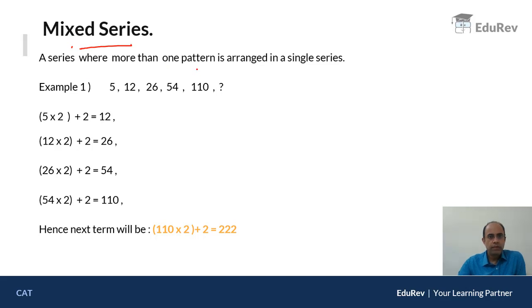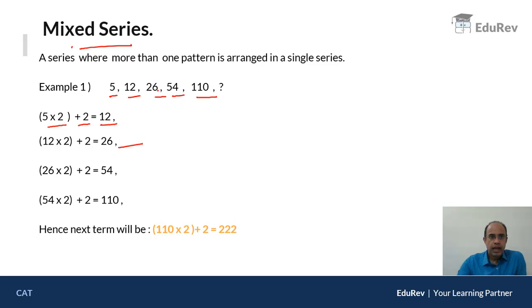Now, a new type of series: mixed series. It is a series where more than one pattern is arranged in a single series. You'll have only one series, but more than one pattern being used. Take an example: 5, 12, 26, 54, 110, and they ask you the next term. You need to be very observant. 5 into 2 plus 2 gives me 12. 12 into 2 plus 2 gives me 26.